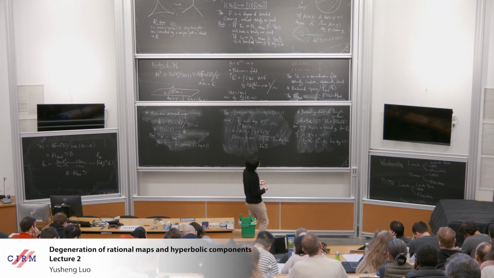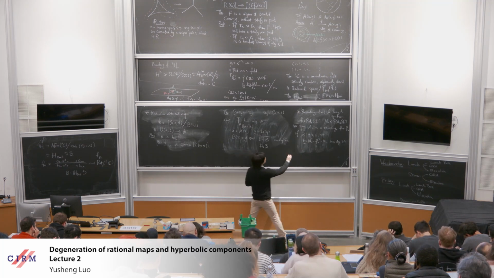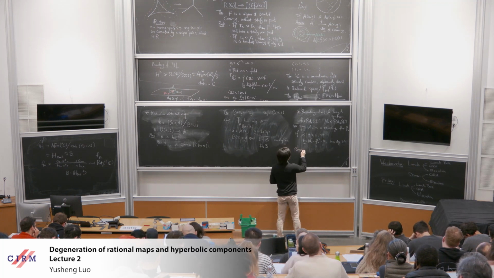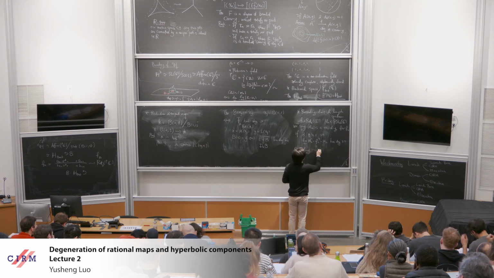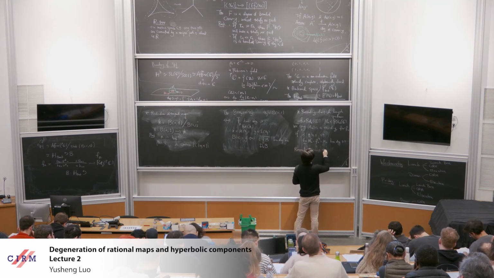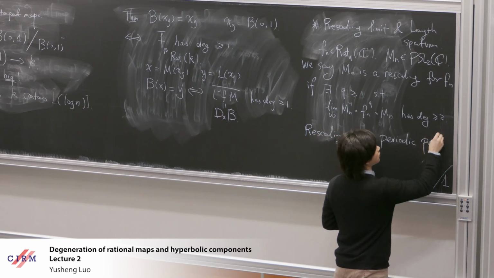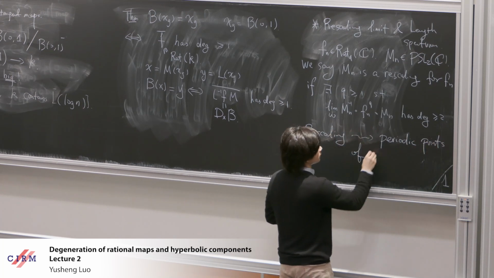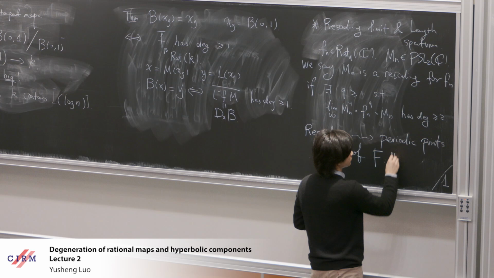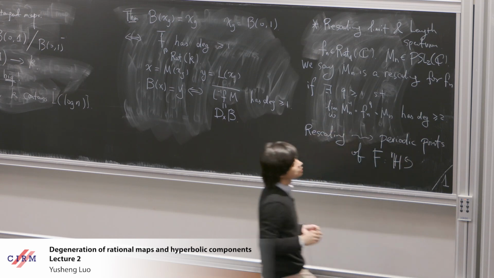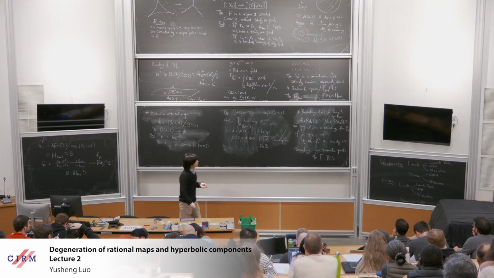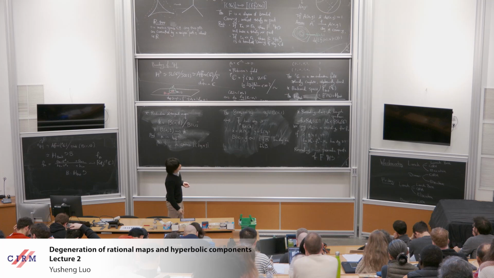One nice thing about this rescaling limit is that it gives rise to periodic points of f on this asymptotic cone.